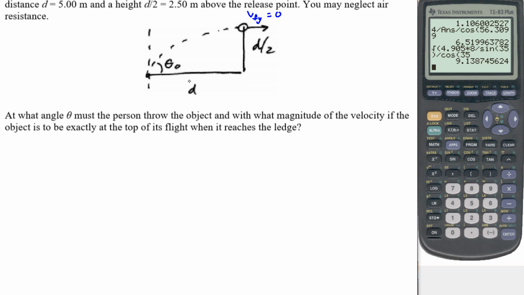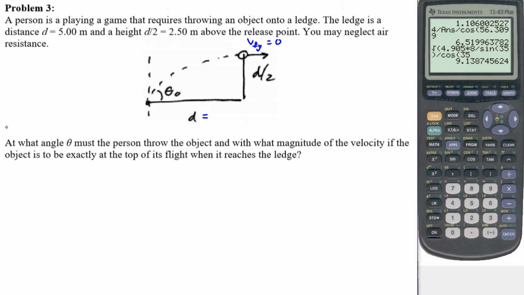Okay, so delta x is what they've called d, which is 5 meters. Delta y is 2.5. And VFY is 0. Of course, on the y-axis, we know the acceleration due to gravity. And we are looking for the angle theta.